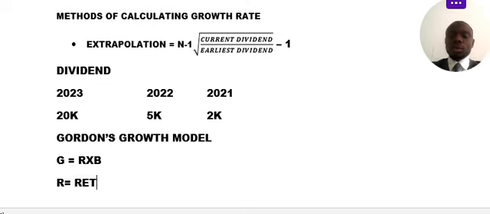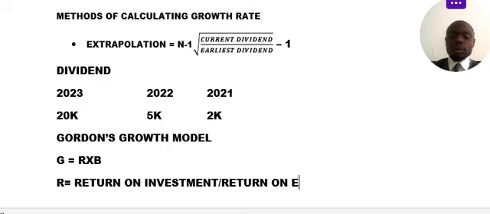R equals return on investment, or return on equity.